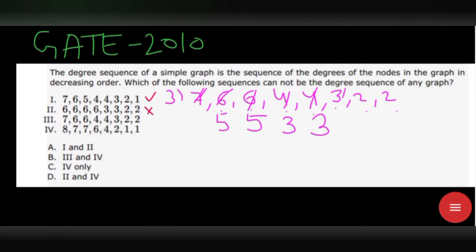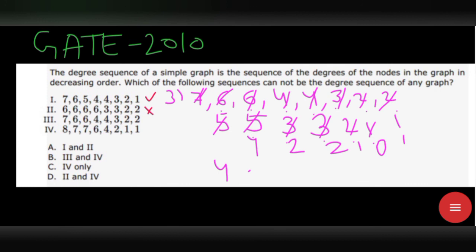3, 2, 1, 1. I will check that they are in decreasing order. Yes, they are. Delete 5, look for 5 elements, decrease 1 from them: 2, 1, 0 and 1. They are not in decreasing order, so I will put them in decreasing order first.